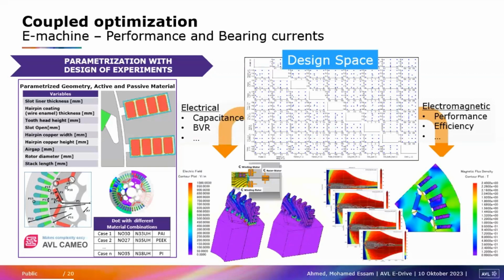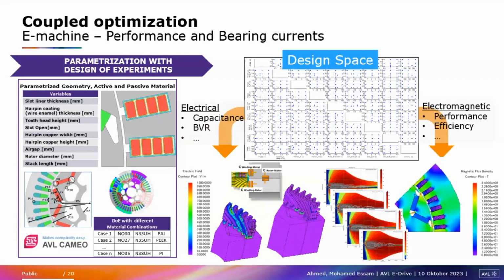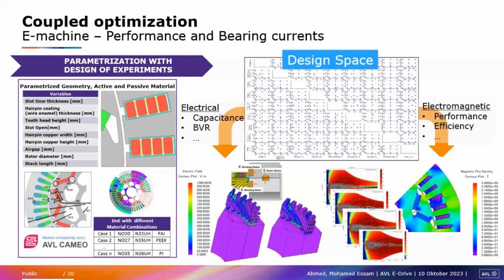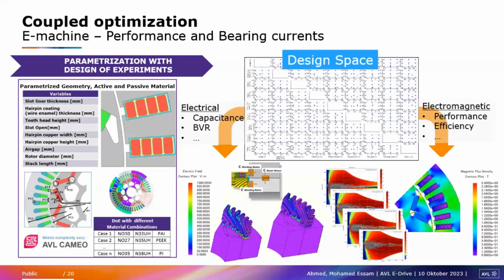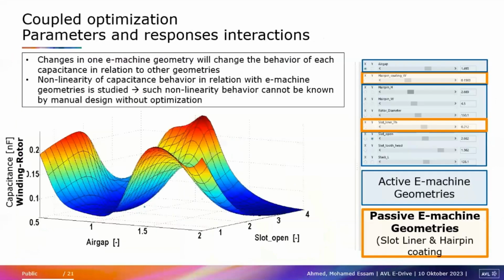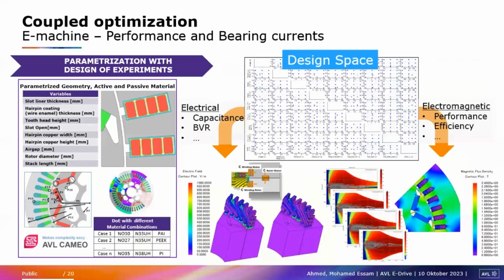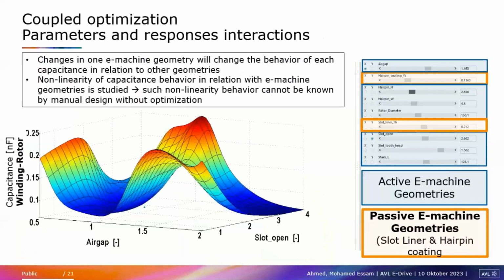Design space means all different combinations of geometries, and we can simulate them at the same time in GMAG in two different solvers: an electrical field solver to get the capacitance and then calculate bearing voltages, as you can see here with the electrical field, and also the electromagnetic solver to get performance, torque, efficiency, and so on.